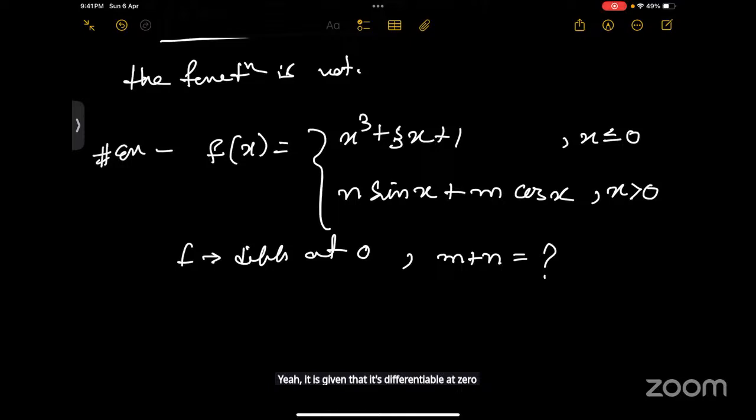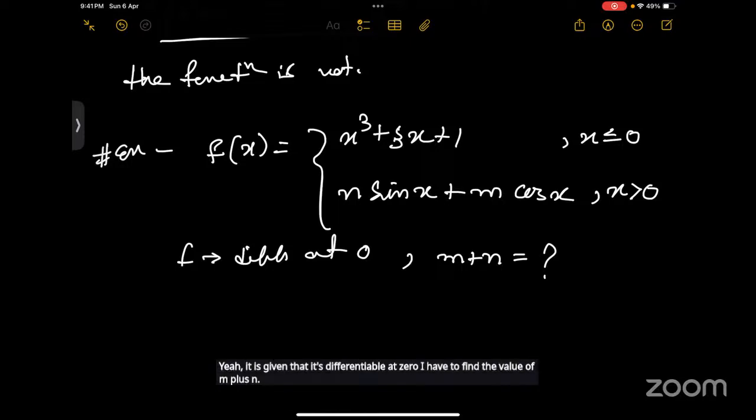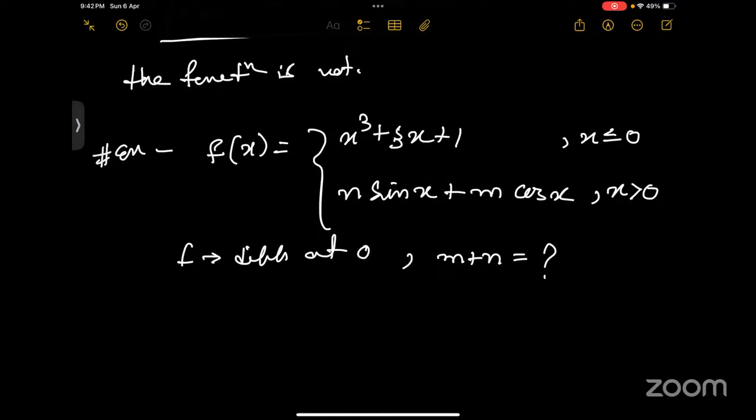Have to find the value of m plus n. So is it 4? Okay, let us see.